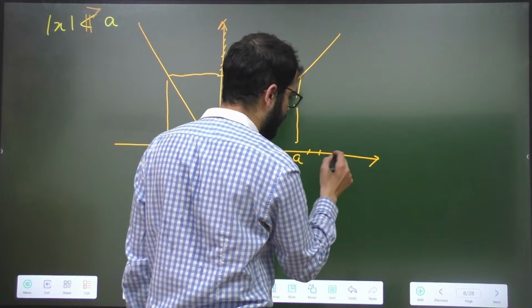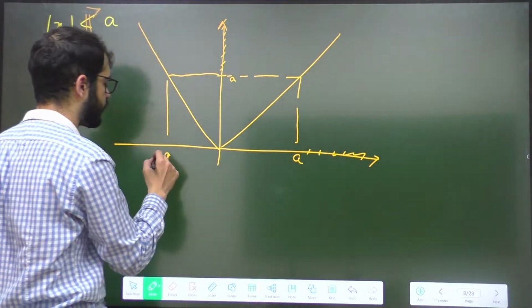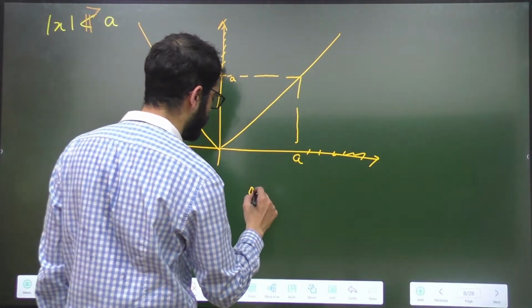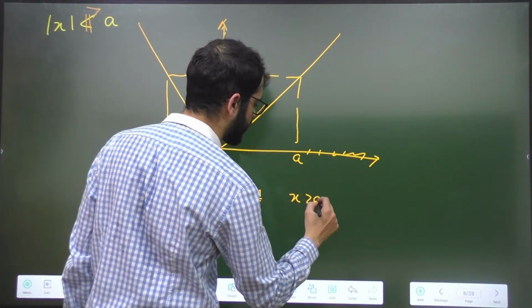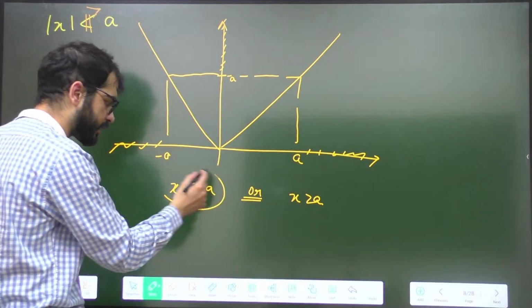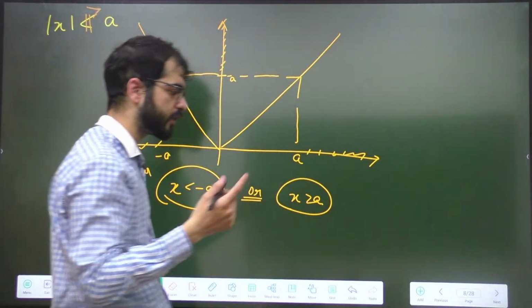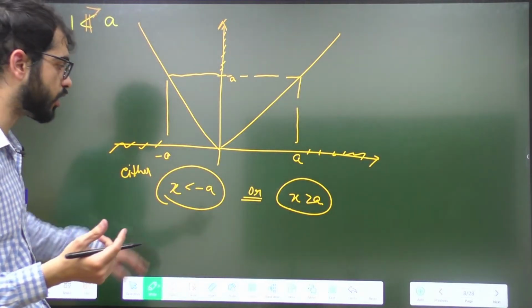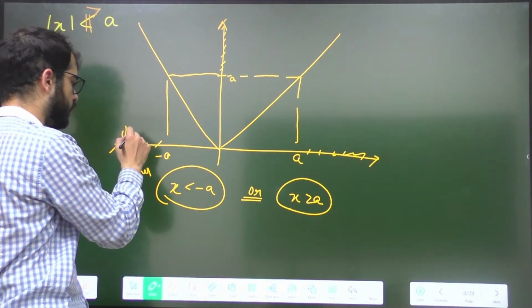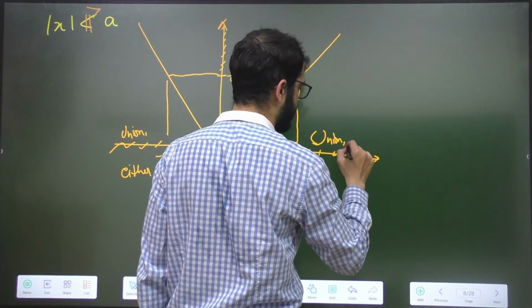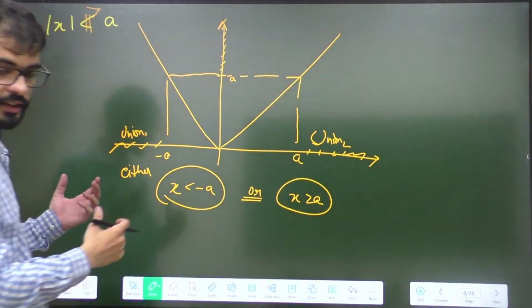Only if x is greater than a or if x is less than minus a. So I can say that either x is less than minus a or x is greater than a. So now we have two conditions, either this or this. Unlike the previous case when we had intersection, now we are taking union of the first interval and the second interval. These two are going to be the final answer sets.